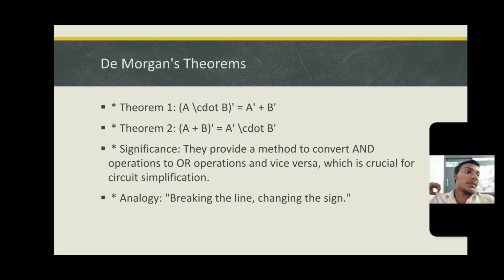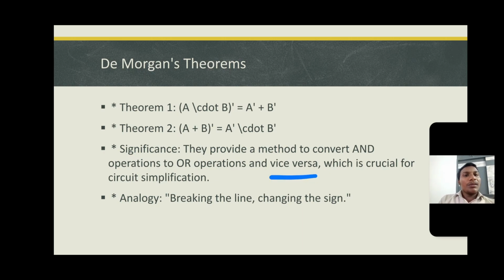Okay, we can discuss an important theorem, De Morgan's theorem. We have so many important topics in Boolean algebra. Theorem 1: the complement of A dot B equals the complement of A plus the complement of B. Theorem 2: the complement of A plus B equals the complement of A dot the complement of B. Its significance is that it provides a method to convert an AND operation to OR and vice versa.